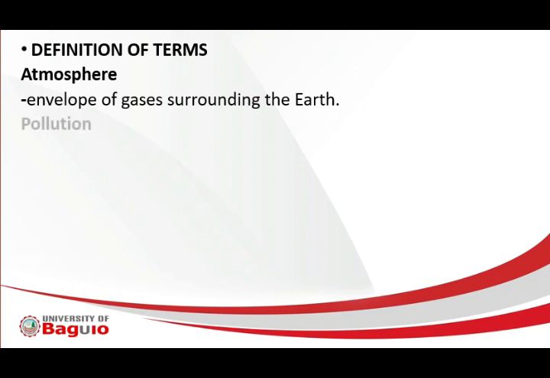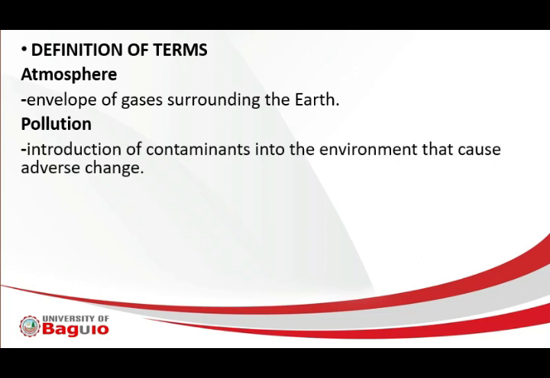Aside from the atmosphere, we also have pollution. Pollution is the introduction of contaminants into the environment that cause adverse change. Whether air pollution, water pollution, land pollution, or other kinds, as long as there are contaminants. So the introduction of contaminants is our keyword when we talk about pollution.